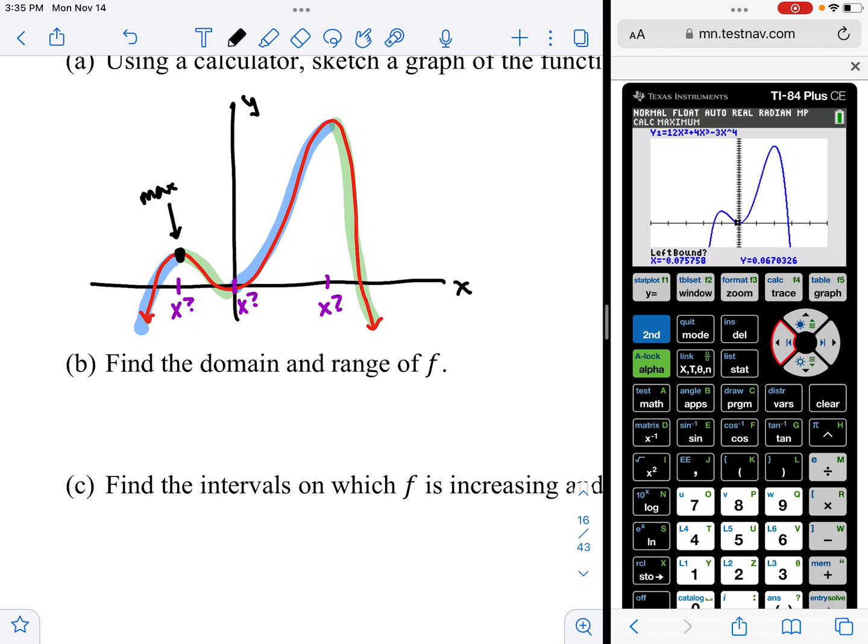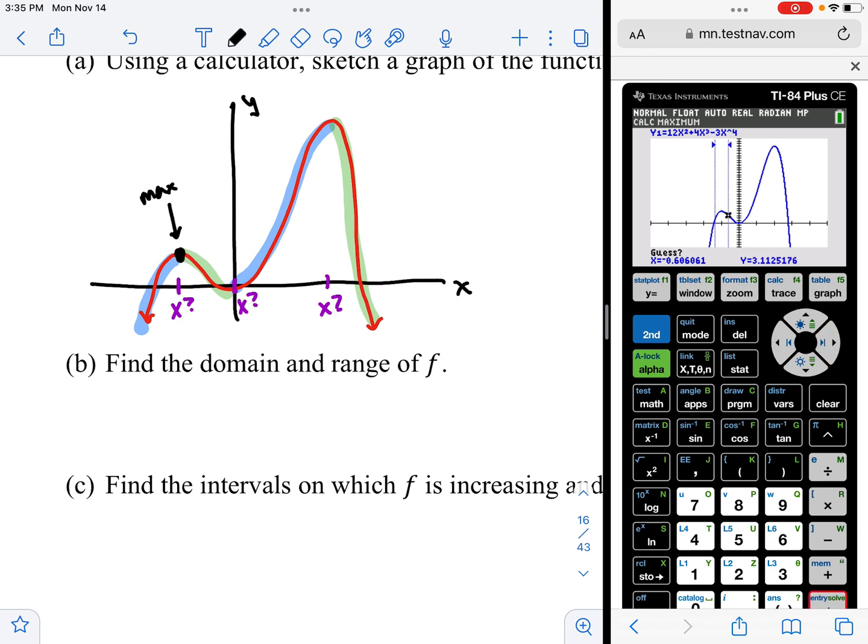On the calculator, it's going to ask you for a left boundary. So if you scroll over to the left of that maximum, so if you can see my cursor there, to the left of the maximum, and hit enter, it puts in a vertical boundary point. Then you go to the right of that, and as soon as you're to the right of that, you can hit enter.